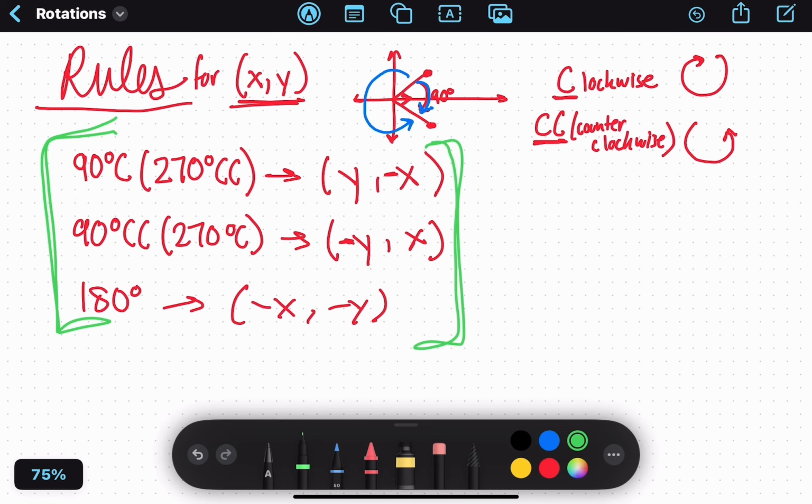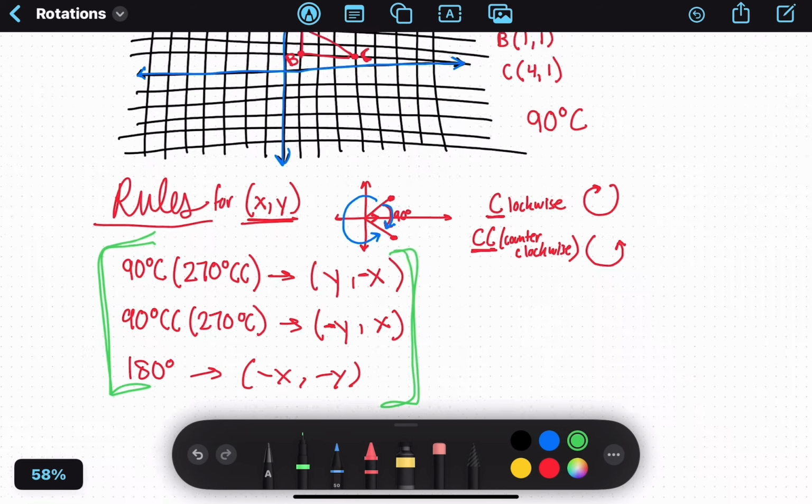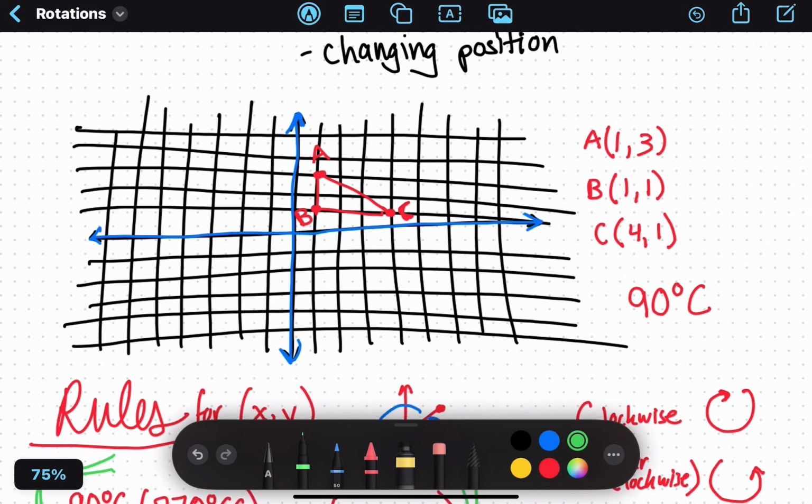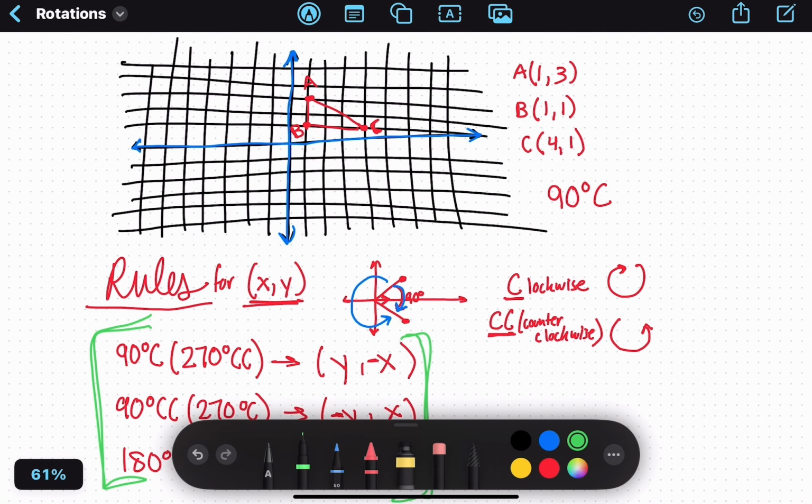So now we're going to take these rules and apply them to the example that I made here with the triangle. So if we wanted to rotate this triangle 90 degrees clockwise, what do we have to do? We have to follow this rule right here.